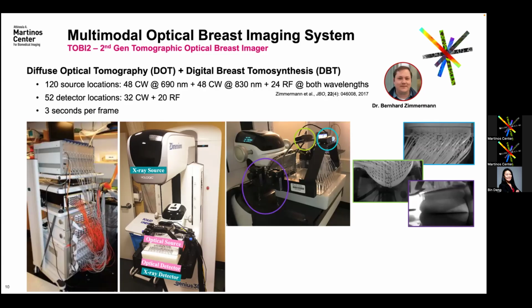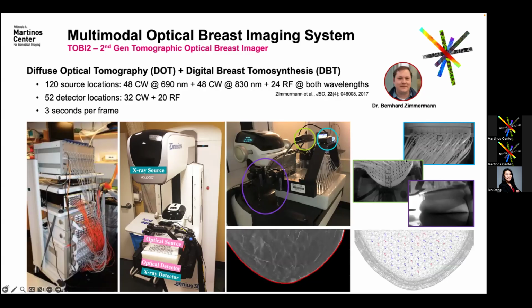For that, we place some web cameras to capture the shape of the breast. The purpose is that for optical image reconstruction, we need a volume to reconstruct the optical properties in the tissue. And this shape helps us to create this tetrahedral mesh, on which we can resolve the optical property on each of the nodes of the mesh.